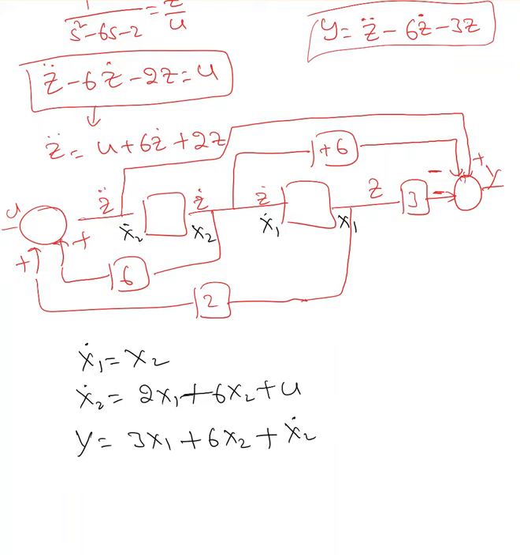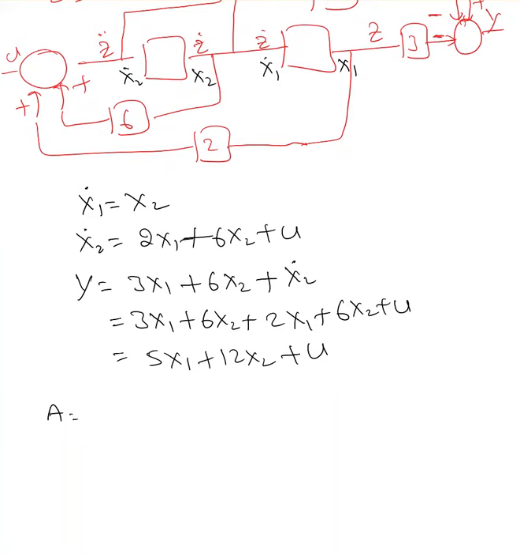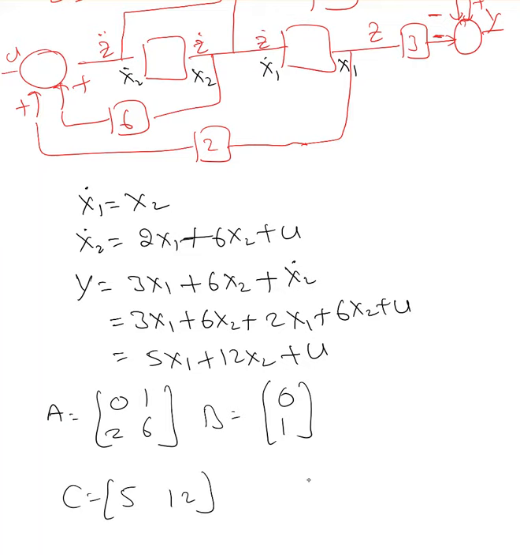When I put in x2 dot, I need to replace it with x1, x2 and u. So minus 3x1 minus 6x2 plus 2x1 plus 6x2 plus u. I'll end up with y equal to 5x1 plus 12x2 plus u. Written in matrix format, A equal to 0, 1, 2, 6, B equal to 0, 1, C equal to 5 and 12, and D equal to 1.